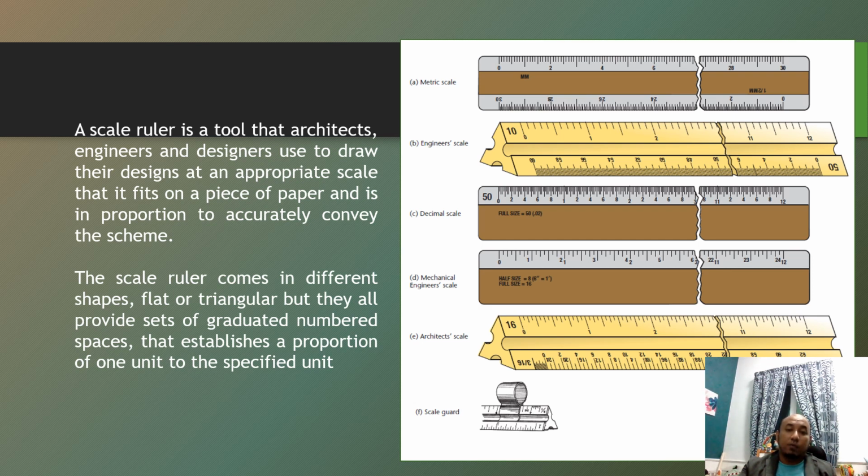Alright, so they have many types of scale ruler. For example, they have the metric scale, engineer scale, decimal scale, mechanical and engineer scale, architecture scale, and scale guide.